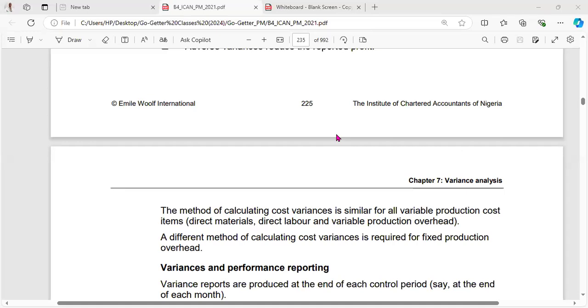Sorry, if budget is higher than actual, it is favorable. But if actual is higher than budget, then it is adverse. Then the opposite is the case in the case of sales.